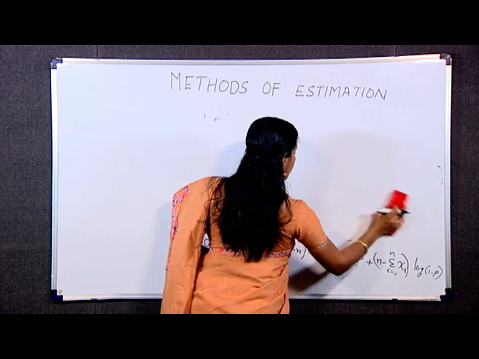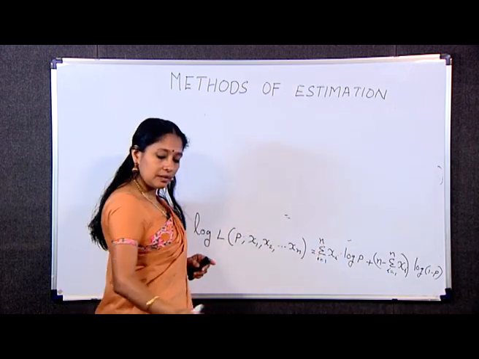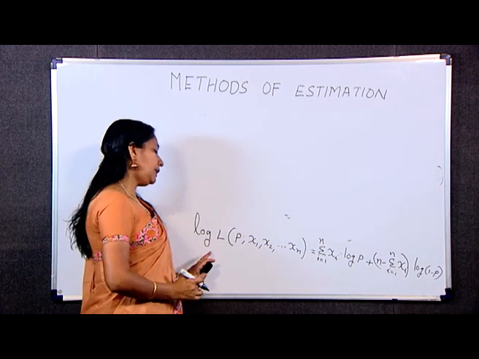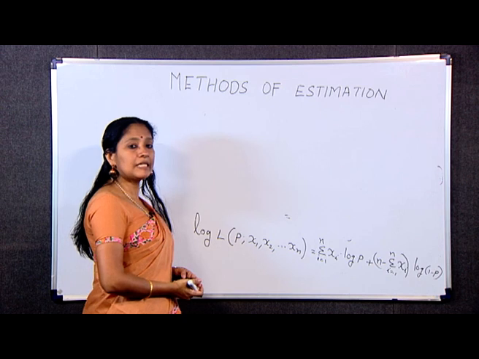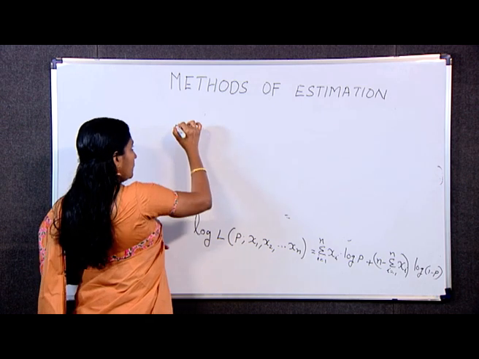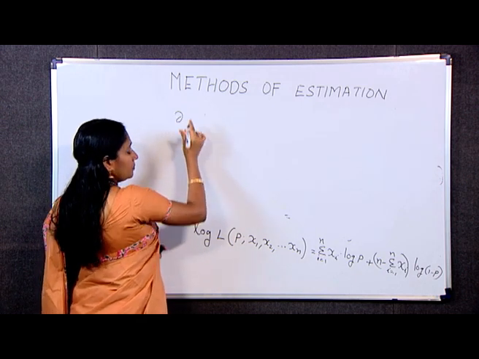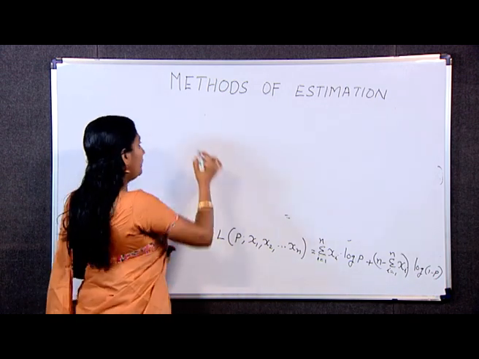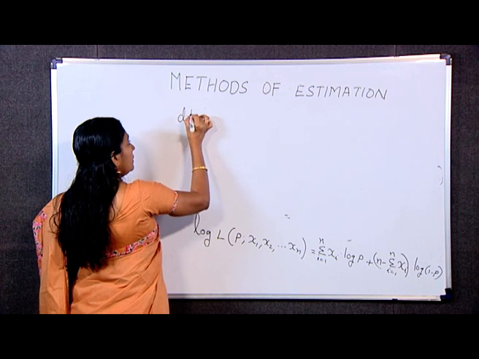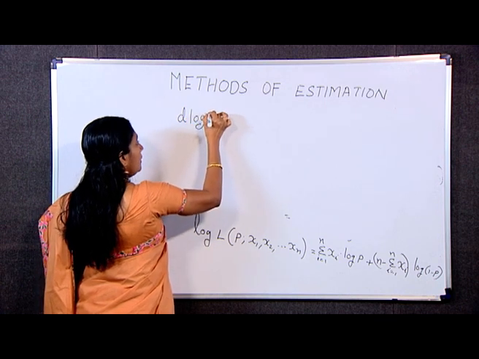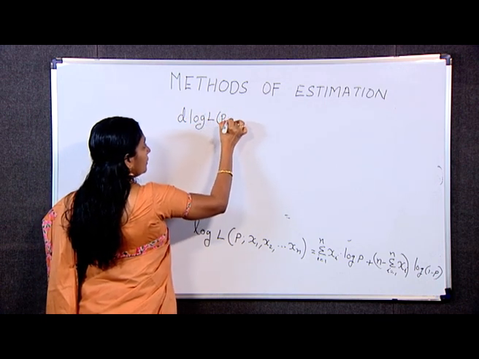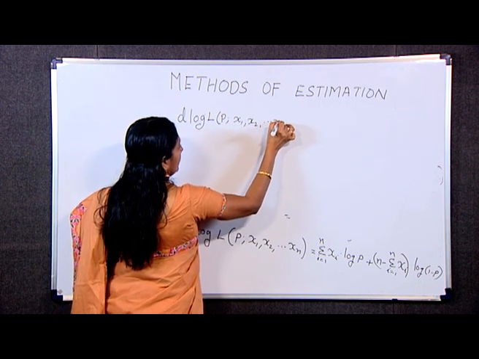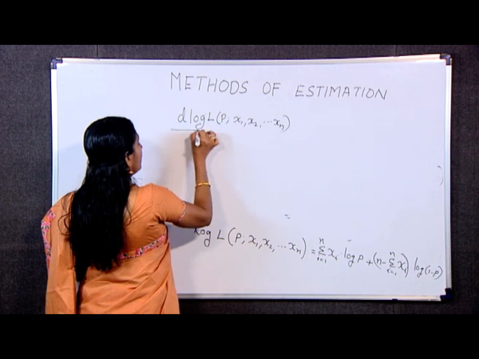Now, we have to find out the first order derivative of the log likelihood function with respect to p. So, since we have only one parameter, d log L(p; x1, x2, etc., xn) by dp.